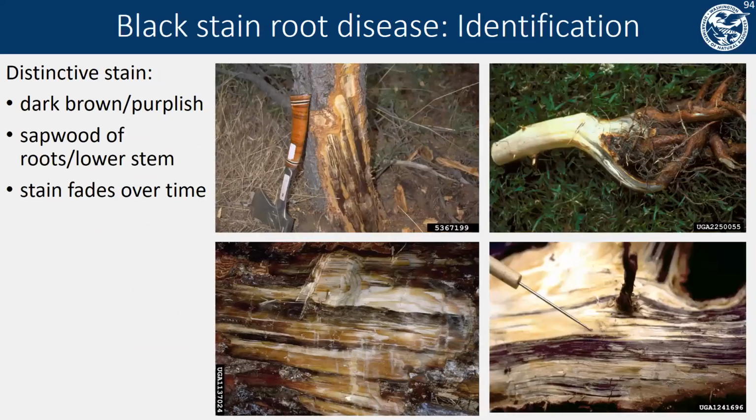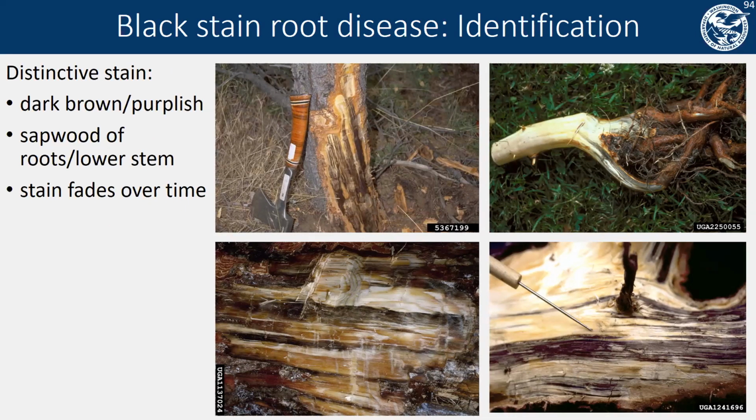As the name indicates, black stain root disease is identified mainly by its stain. The stain is darker brown or purplish in color, and it's seen in the sapwood of roots and lower down on the stem of that tree. As you can see in these pictures where the bark has been removed, you can see the staining on that material.